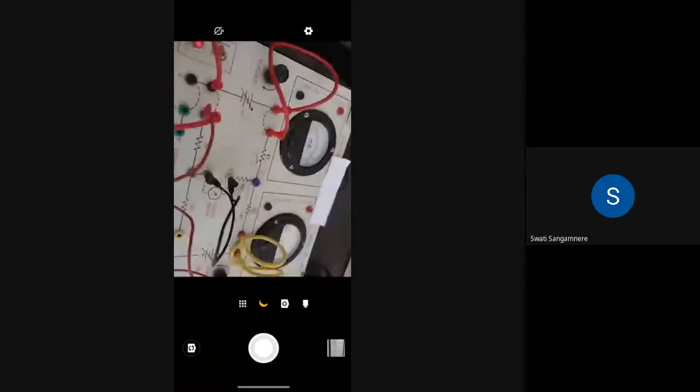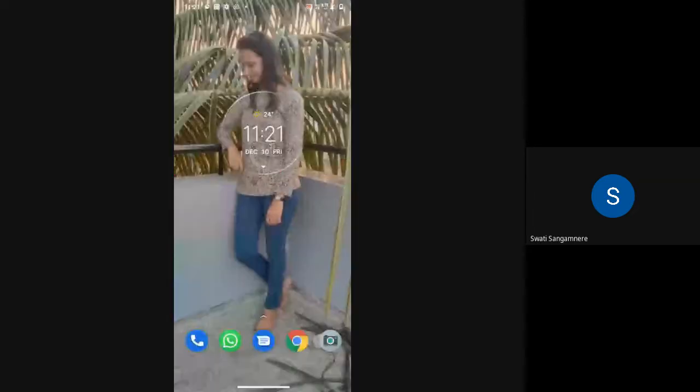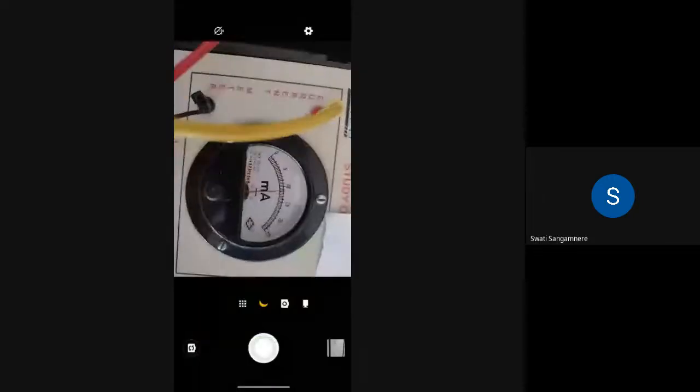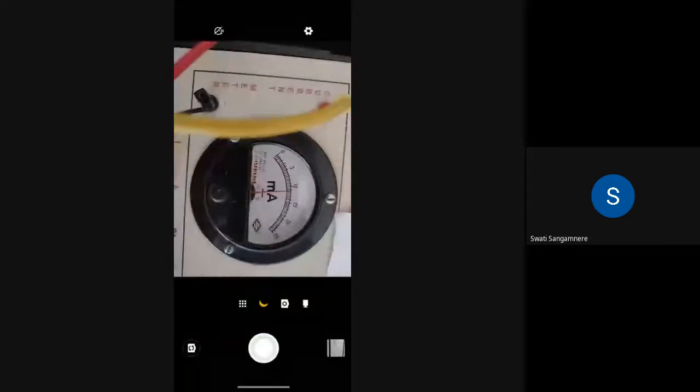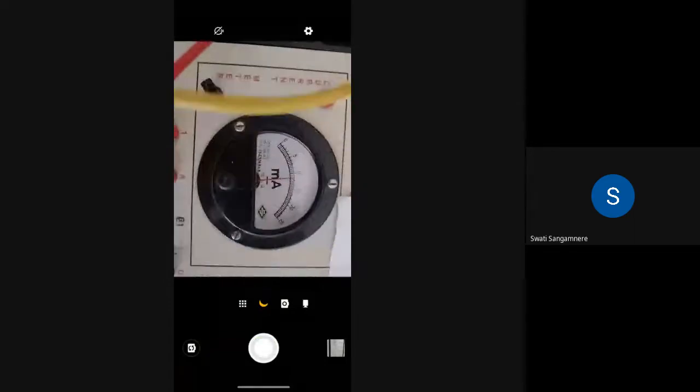Then we can measure IC, that is the current flowing through the RC resistor, with the help of this milliammeter. See the value of I3 will be, so how to calculate?